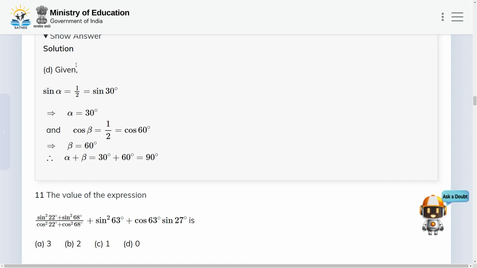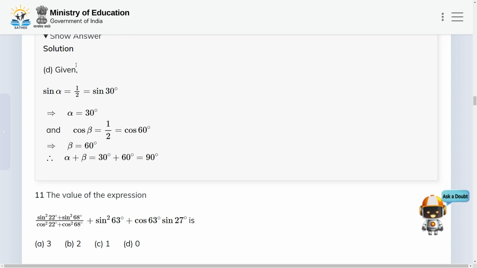So sine alpha is equal to sine 30 degree, and it implies alpha is equal to 30 degree. And cos beta is equal to 1 by 2, and we know cos 60 degree is equal to 1 by 2, so it implies beta is equal to 60 degree. Now if we add alpha and beta, we get alpha plus beta is equal to 30 degree plus 60 degree, which is equal to 90 degree.